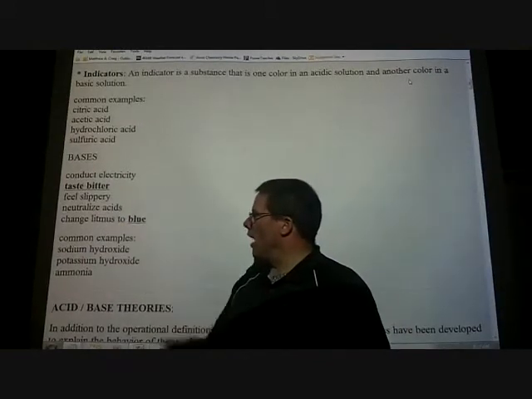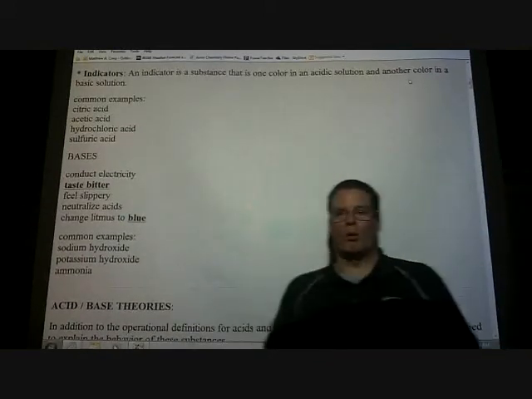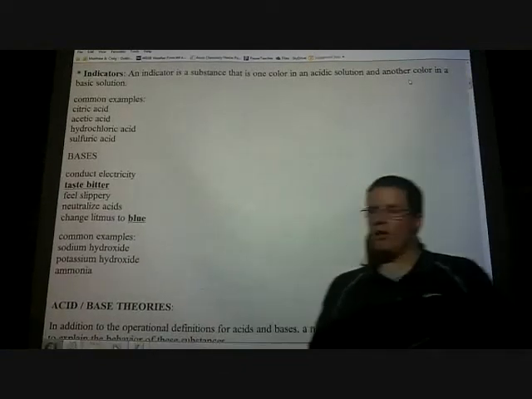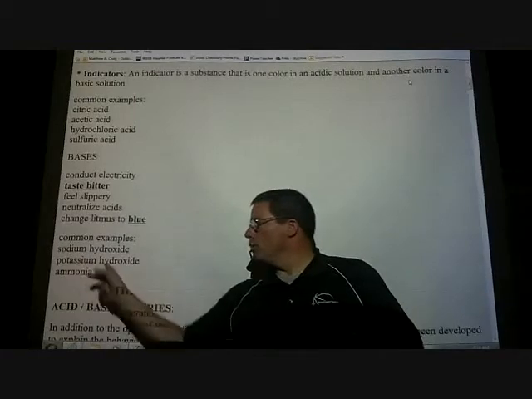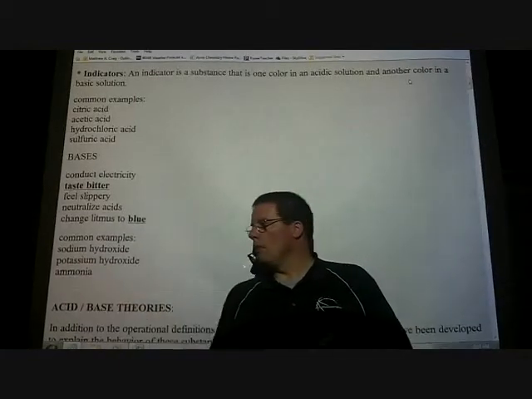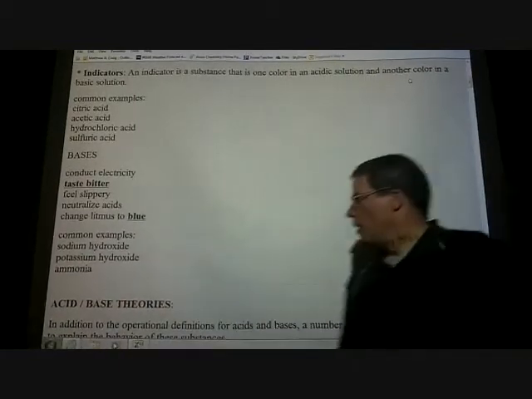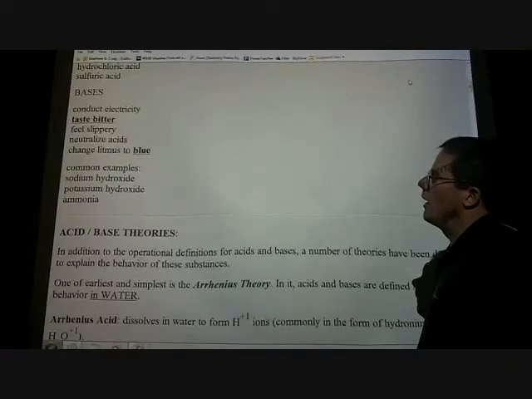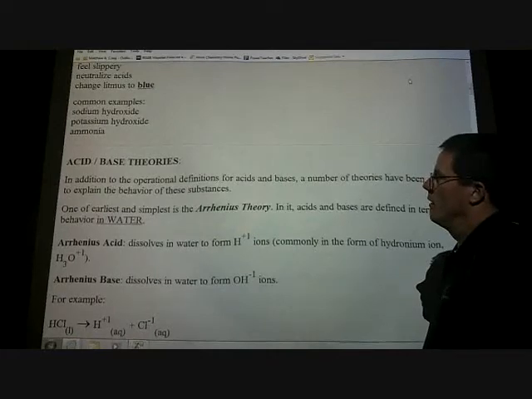Also, bases neutralize acids and change litmus paper to blue. Some common examples: sodium hydroxide, potassium hydroxide, and probably one that you don't really recognize, but it is a base, ammonia. If you have goldfish, then you know that your tank has a lot of ammonia in it.